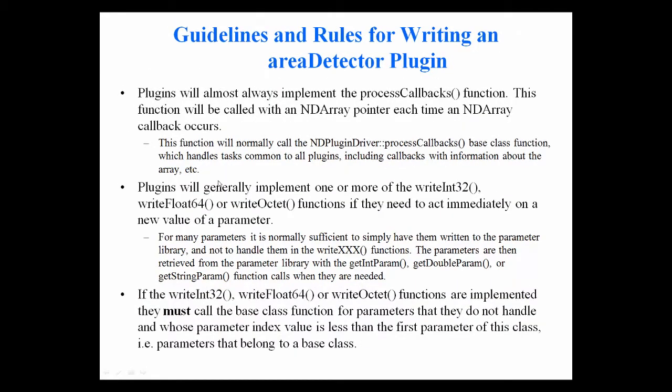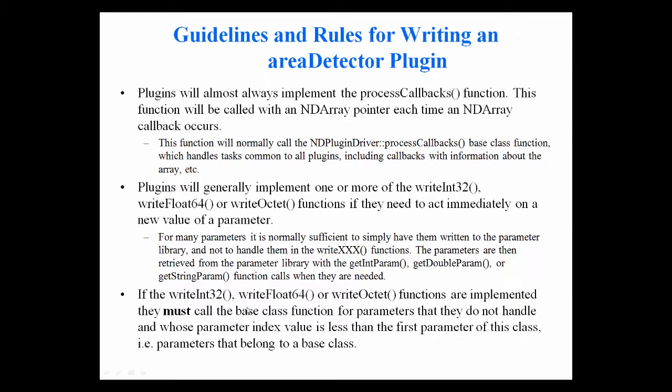Plugins are generally going to implement one or more of the writeInt32, writeFloat64, or writeOctet functions, only if they need to act immediately on the new value of some parameter. As we saw yesterday with drivers, for many parameters, it's normally sufficient to simply have them written to the parameter library, and you don't have to handle them in the writeXXX functions. And then you just go get them from the parameter library with get integer param, get double param, get string param when you need them.